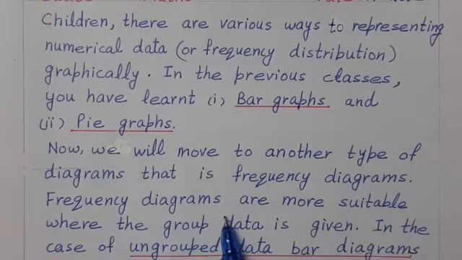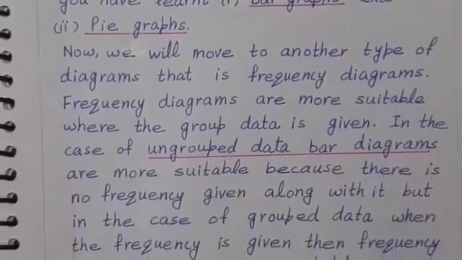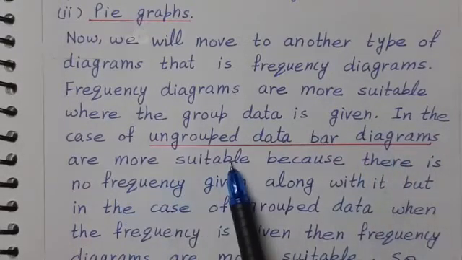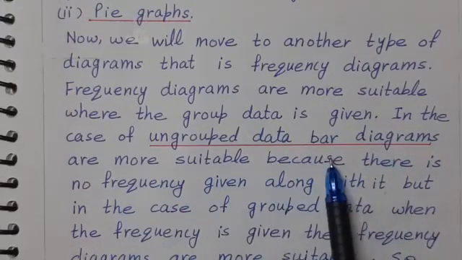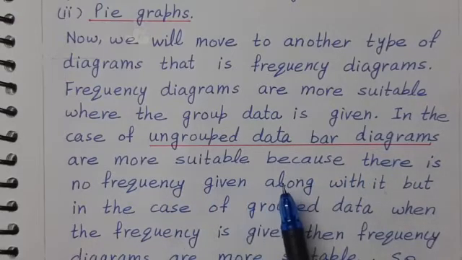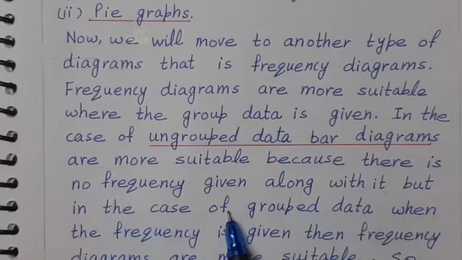Frequency diagrams are more suitable where the grouped data is given. In the case of ungrouped data, bar diagrams are more suitable. Why, students? Because there is no frequency given along with it, right?